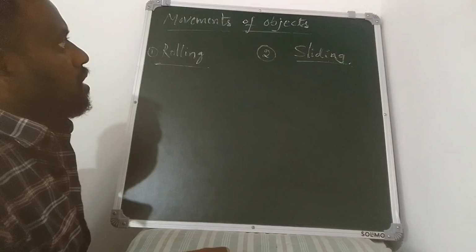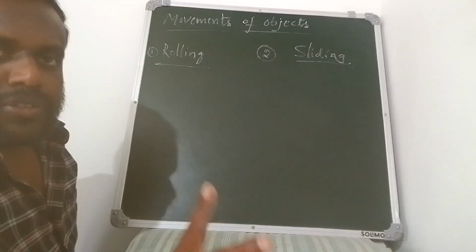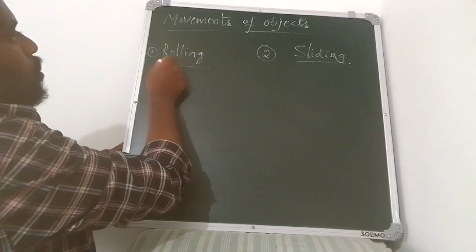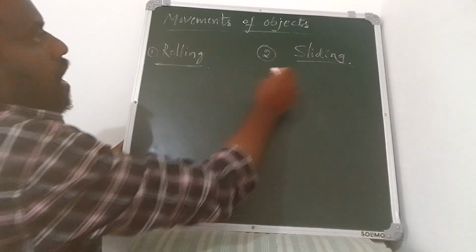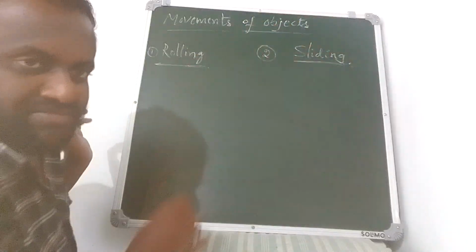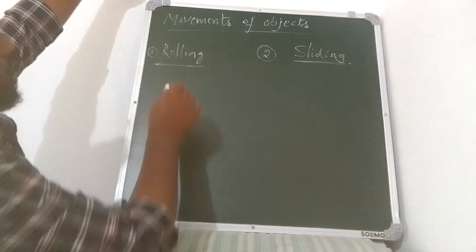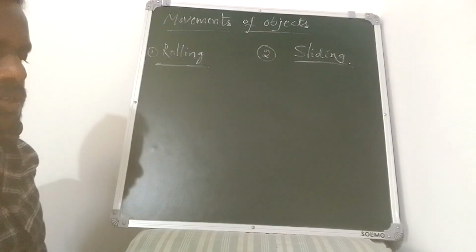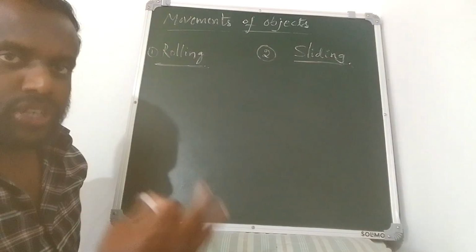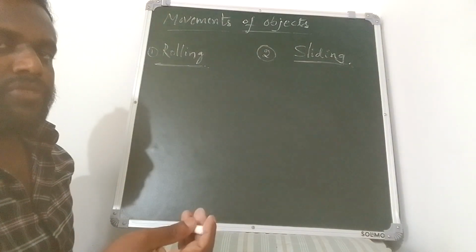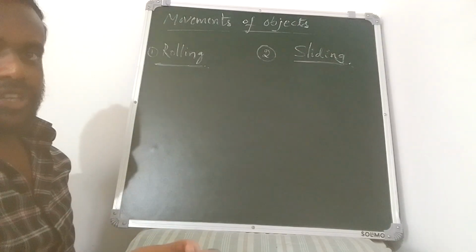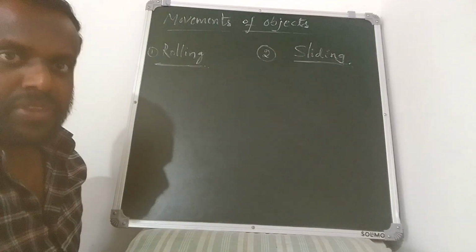Okay, in movements of objects there are two types. One is rolling, another one is sliding. First I will take an example for rolling. If you take circle shaped objects, like for example a coin.